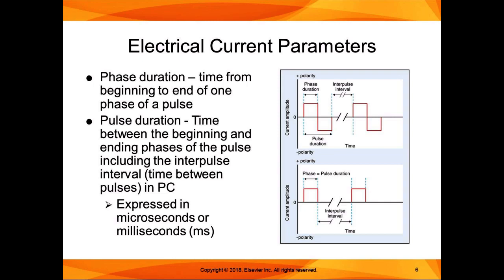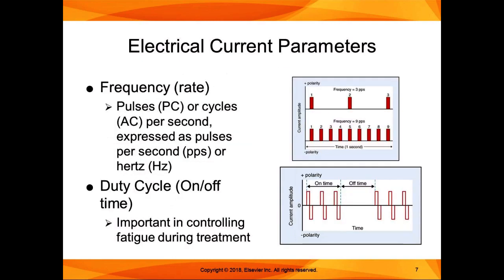The time between pulses is the interpulse interval. And all that is time. So when we're talking about the strength duration curve, which we will talk about soon, we're talking about amplitude, intensity, or strength versus time. And that's the time that the E-stim is on, that pulse duration.